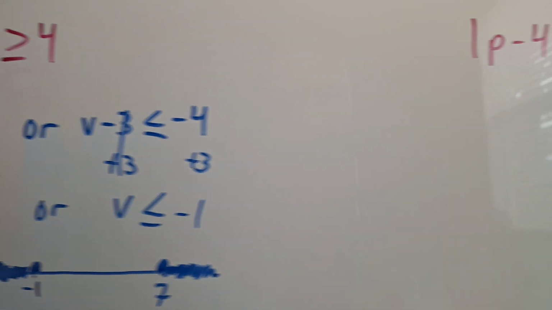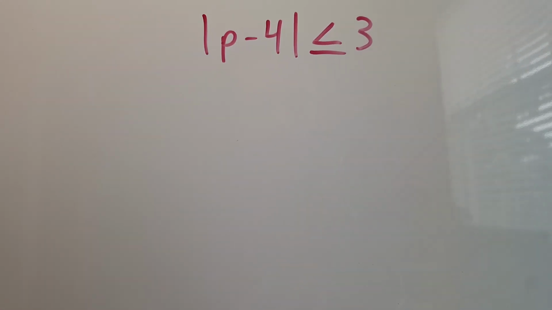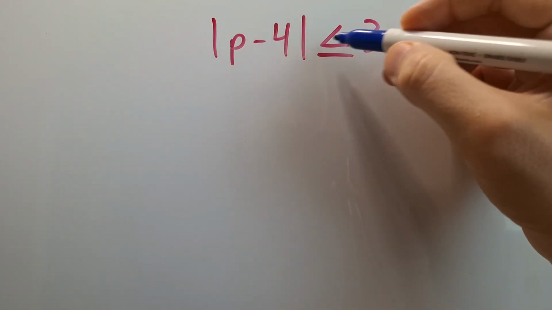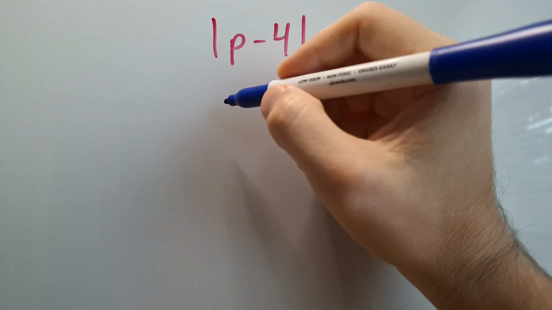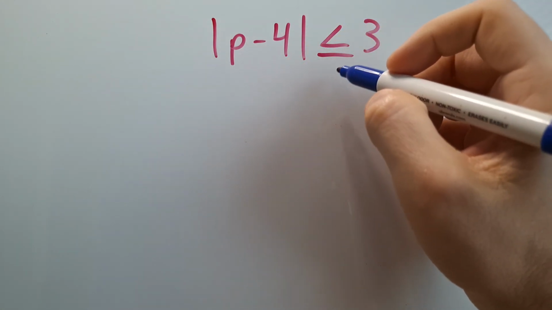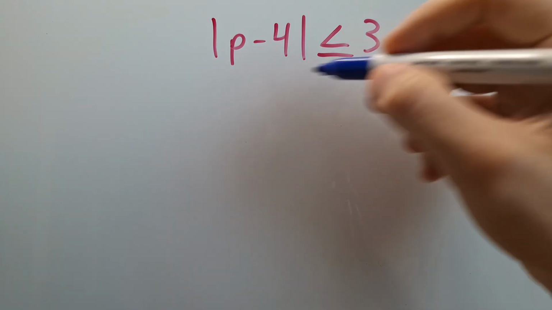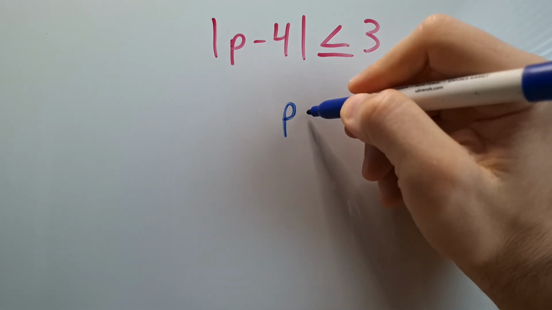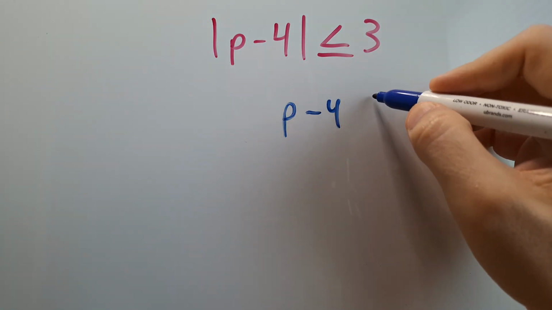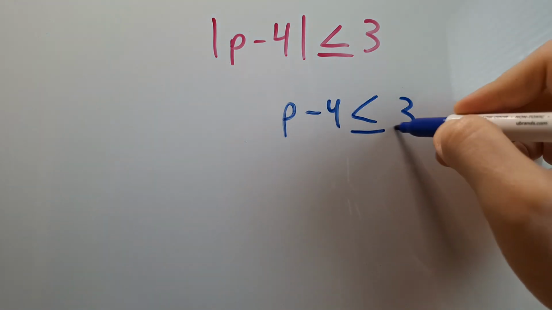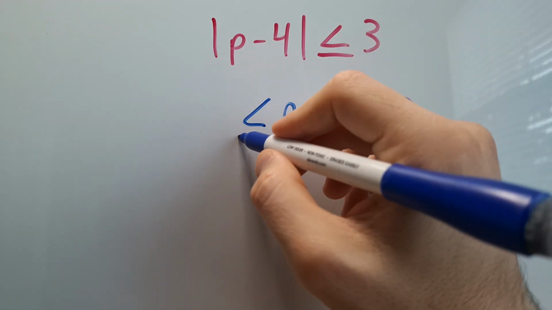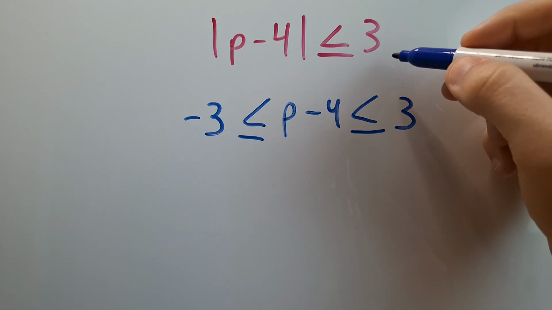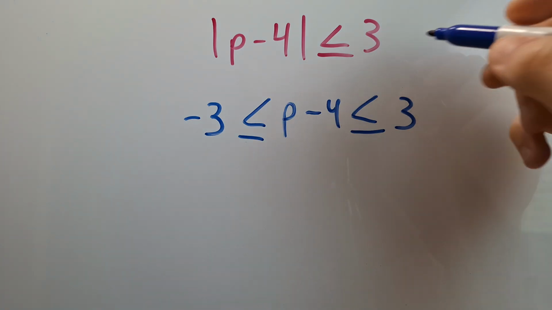Let's look at one more. Over here I have p minus 4 in the absolute value is less than or equal to 3. What's different here now is we're going to solve this using that compound inequality structure. So I'll have p minus 4 and then account for the negative of whatever number you have over here as well.